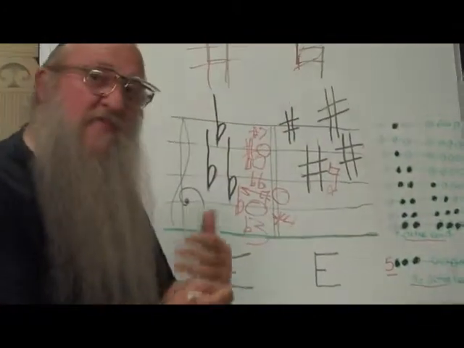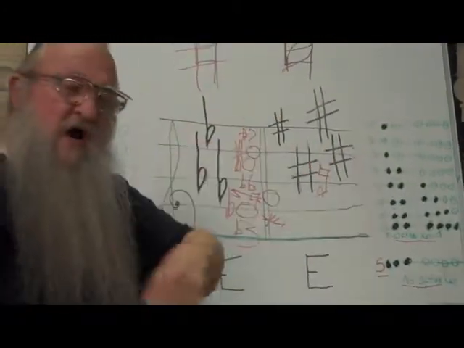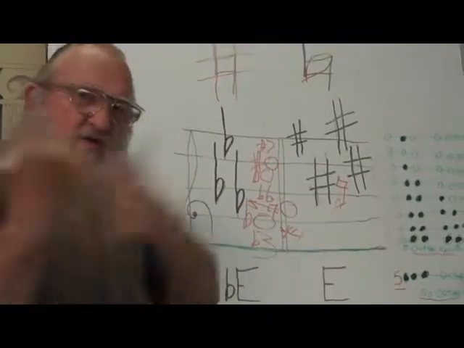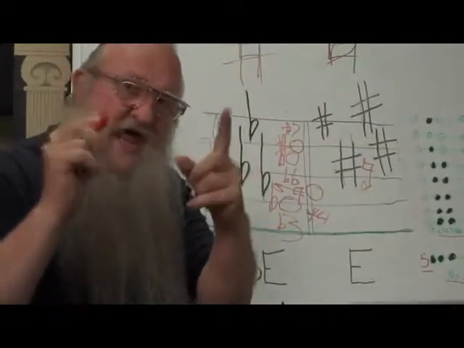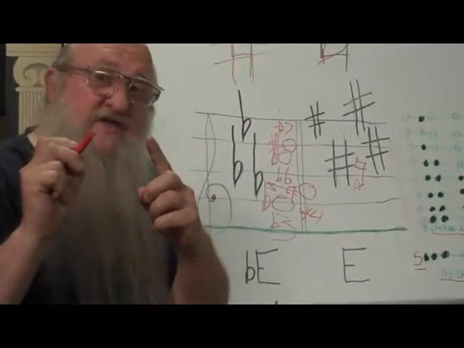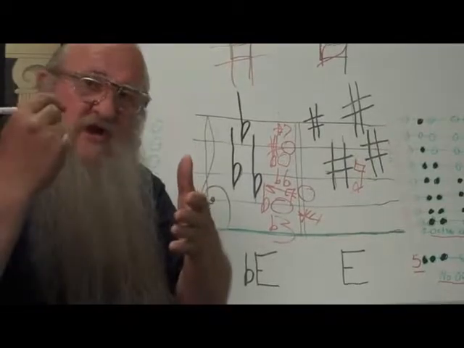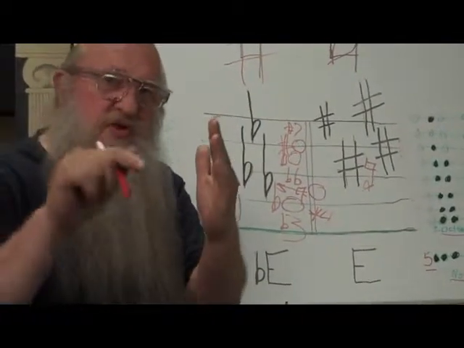And again, the other problem with them is quite often those neutrals are indiscriminately used to remind you later on in the music that there was an accidental 2 or 3 measures before, and those are nags. So I put parentheses around the ones that are nags. If I have an F sharp, and then I put the neutral in, and it's within the measure boundary, that's a real neutral.